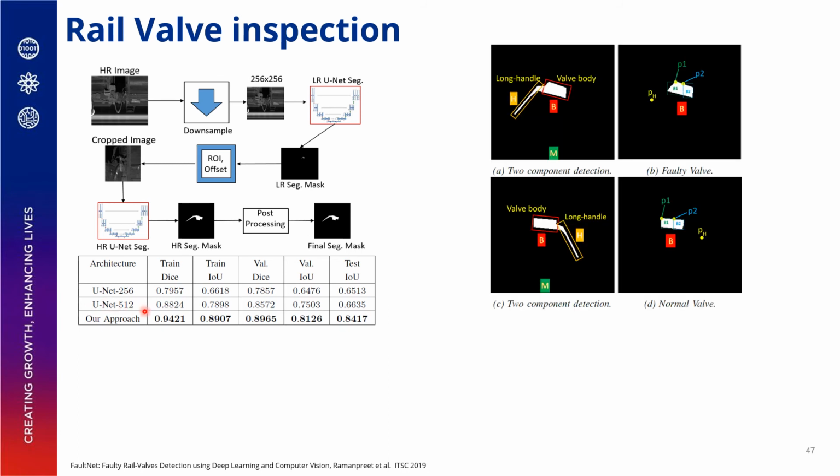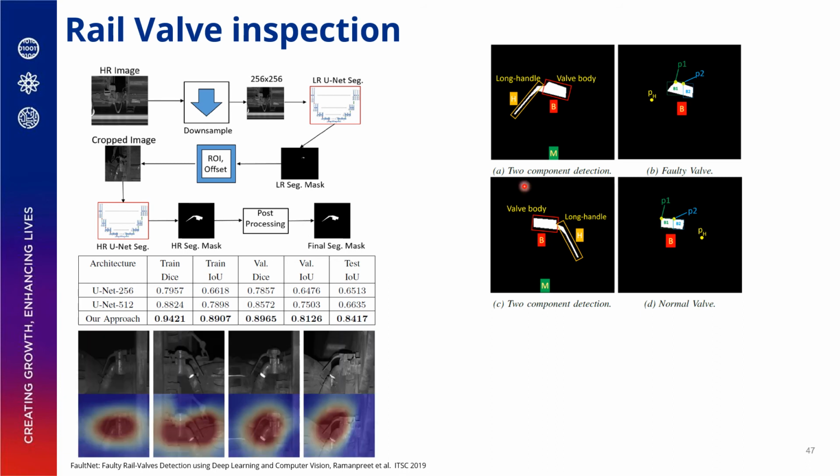After that, we use a computer vision module where we identify these two sections separately, and then based on heuristics, we identify whether the valve is defective or a normal valve. To compare our results, we also looked at ResNet and DenseNet in terms of segmentation as well as detection of these faulty valves.